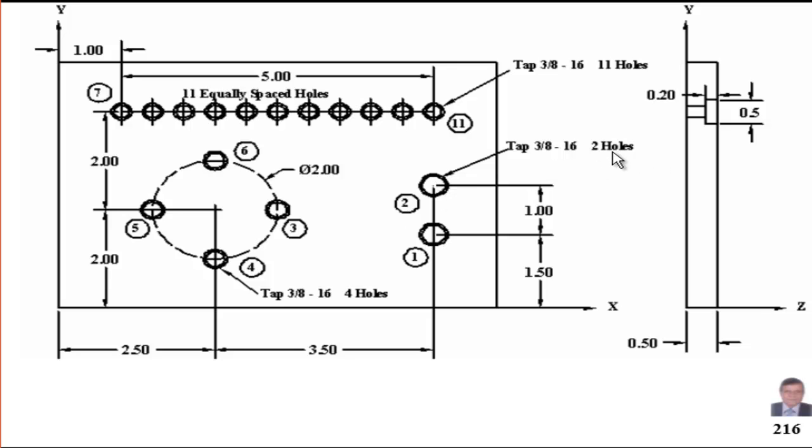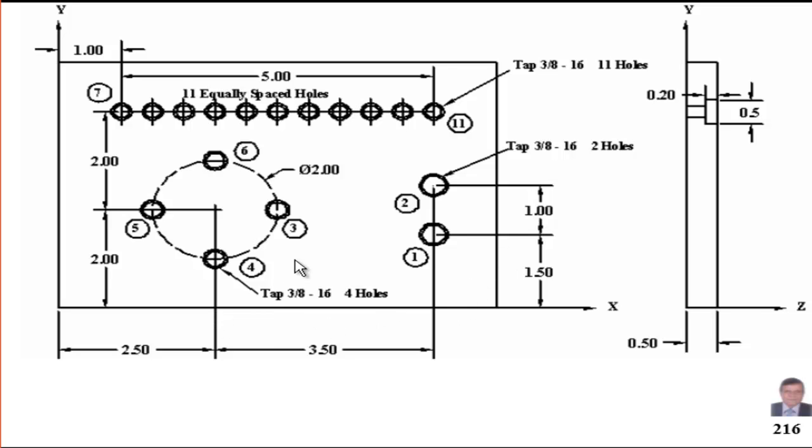It is 2 holes. So the first group has this requirement, and they are located at this amount from the edge, the lower edge of the workpiece, and the space between the 2 holes is 1 inch.